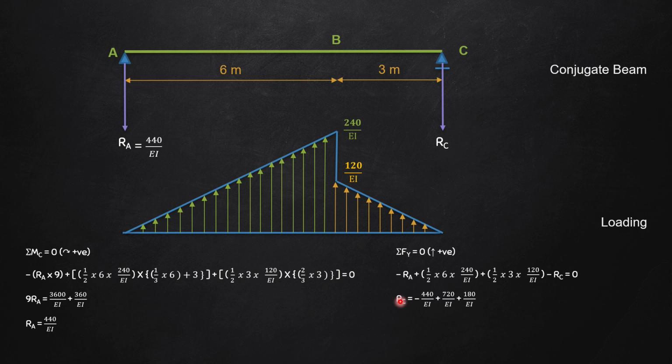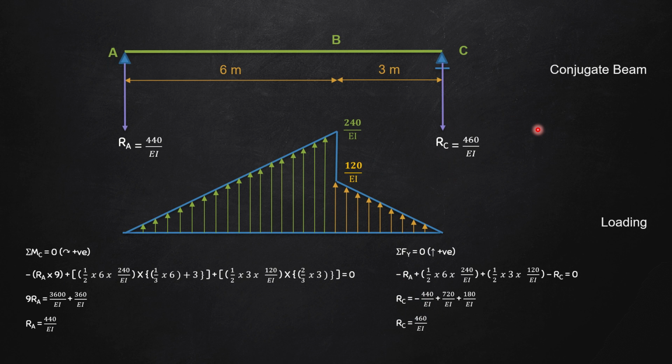Simply putting the value of RA as 440 divided by EI and simplifying it, I will get the value of RC as plus 460 divided by EI. And since the value of RC has come as positive, my chosen direction is correct. So I will write directly here 460 divided by EI.